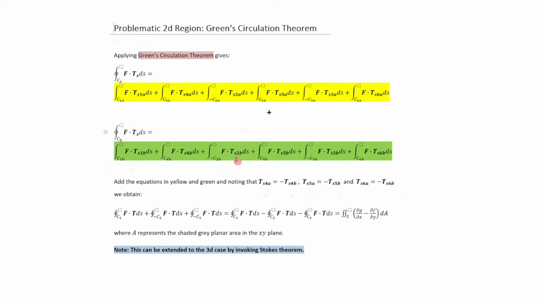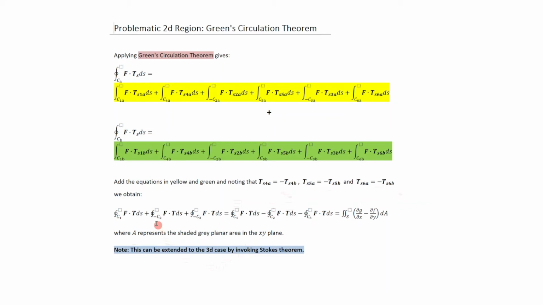So when we add these two together, you're going to start getting cancellations of these pairs, a pair, and a pair. And so we're left with only three terms left over. And so finally we end up with C1 minus C2, because this is going in a clockwise direction.